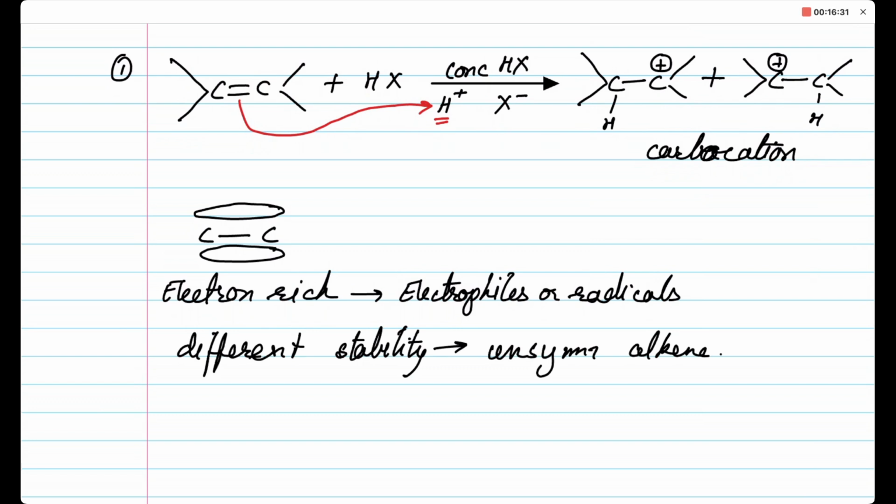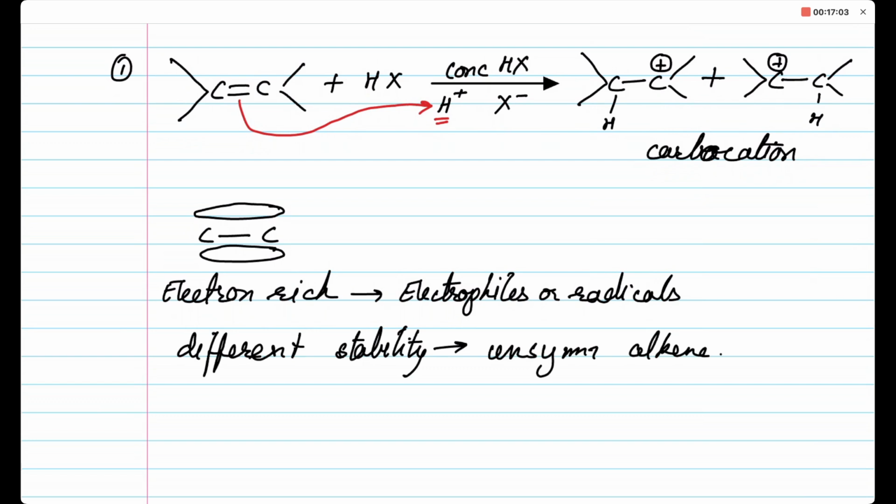Now, there's a very simple thing. If a reaction can proceed through more than one different intermediates, such as carbocation, carbanion, or radicals, which are intermediates of the reaction, then the major product is obtained from the more stable intermediate.